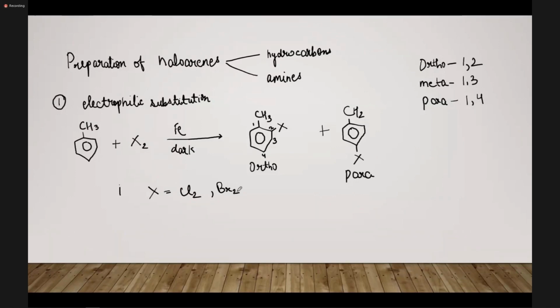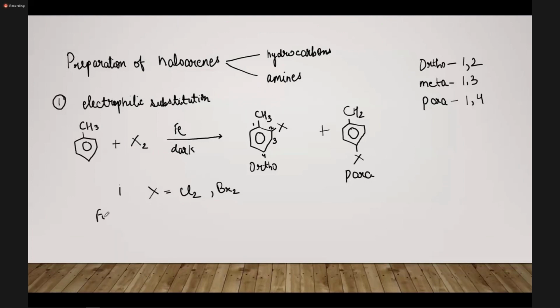Reactions with iodine are reversible, so an oxidizing agent has to be used. Here, with iron, we need to use some oxidizing agent, only then can we obtain the product using iodine, the iodide.